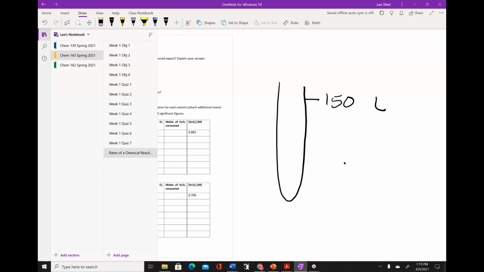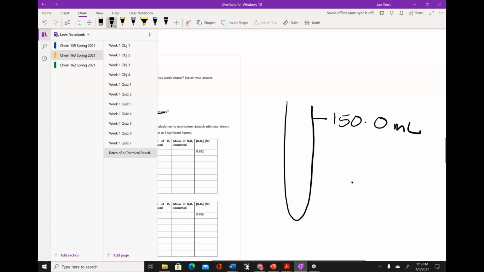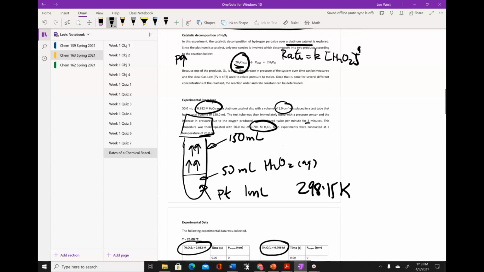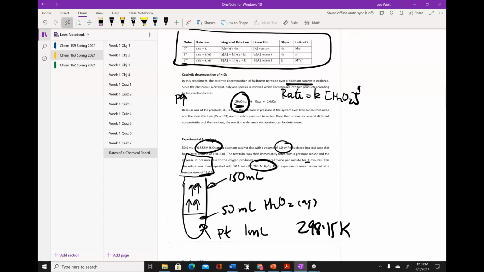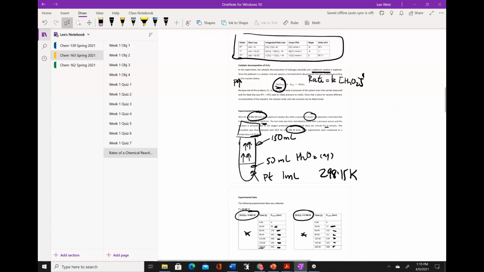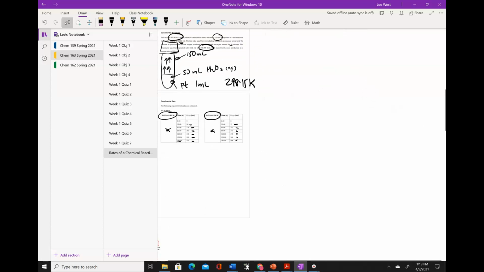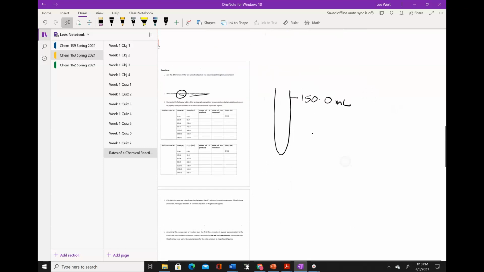and I believe how it's given is out to the 0.1s. We can check that right now. In fact, let's just let it linger. There we go. Placed into a cylinder. Yep, with 150.0 milliliters. Okay, that's good. We got that correct. So total volume is that.